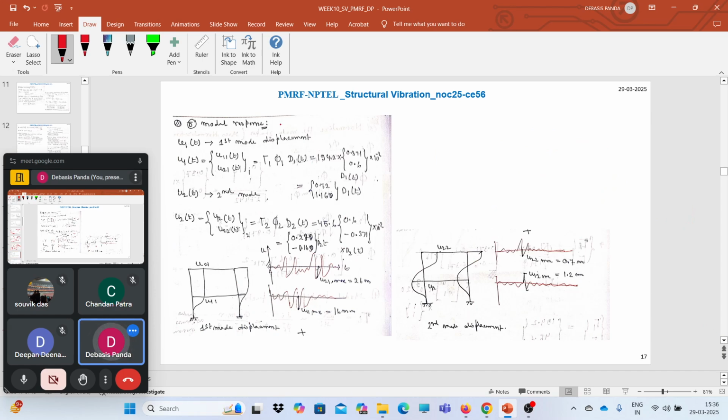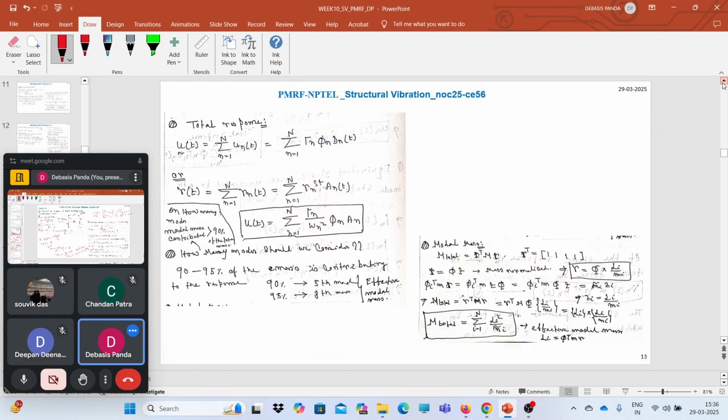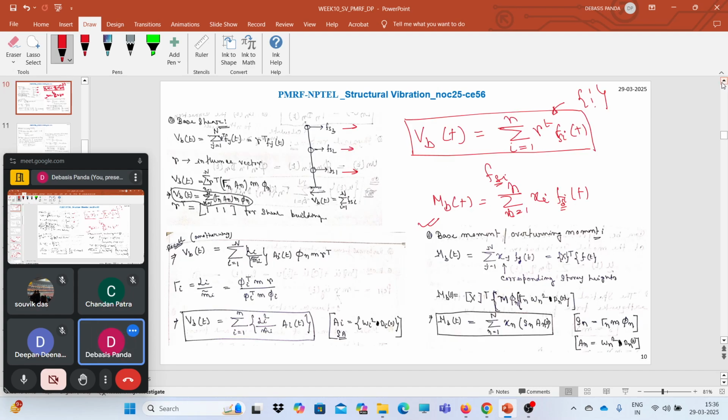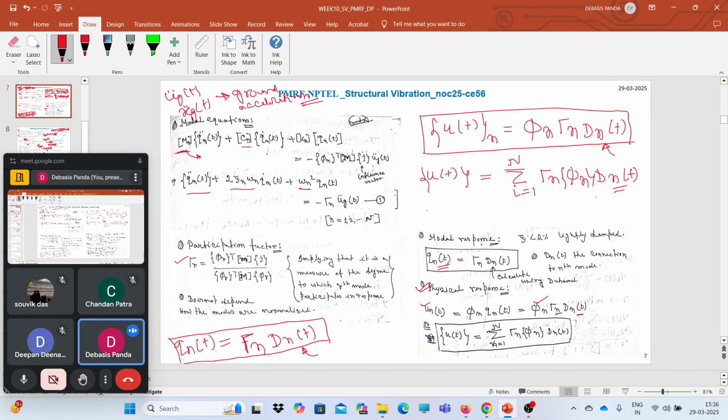Now once we have the participation factors, we can calculate the modal response. How can we calculate the modal response? You have already seen, for the earthquake here, u of t is nothing but phi n, the mode shape, the modal participation factor, and the responses or modal coordinates in generalized coordinates, which we can easily solve using Duhamel integral or other numerical integration techniques.